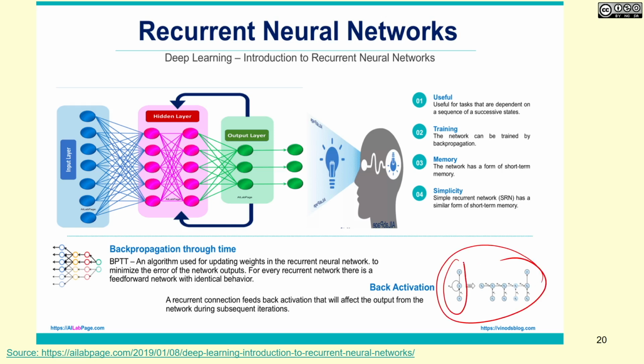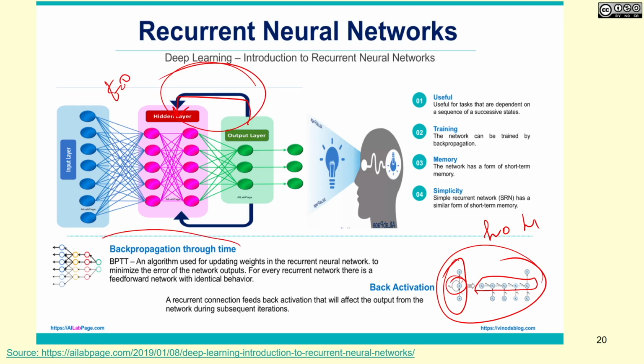If you have a model like this and expand it, the hidden layer is represented for various timestamps. The hidden layer values change, because the input layer is given, and the output layer is fed back to the hidden layer. So, at t equal to 0 the hidden layer is one set of values, at t equal to 1 it is some other value, and so on, based on the feedback connection.